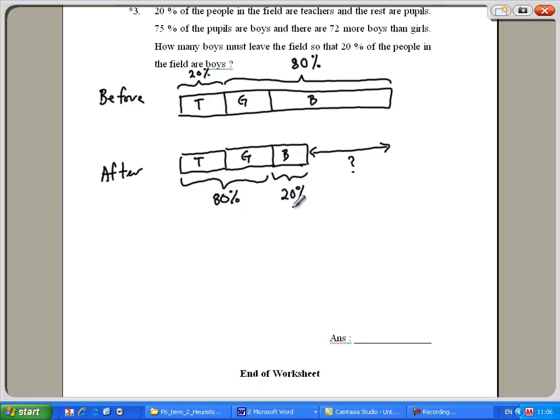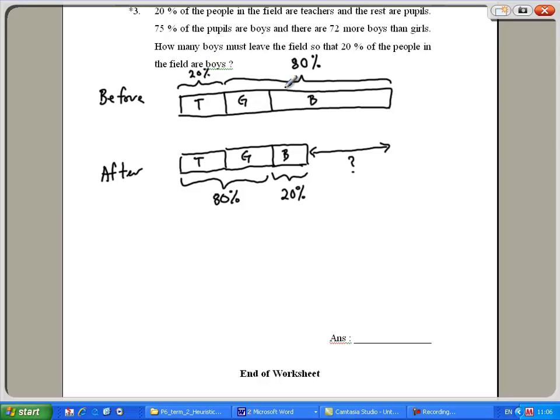So to solve this, we need to find the number of boys, the girls as well as the teachers at first. Now, 75% of the pupils are boys, and there are 72 more boys than girls.